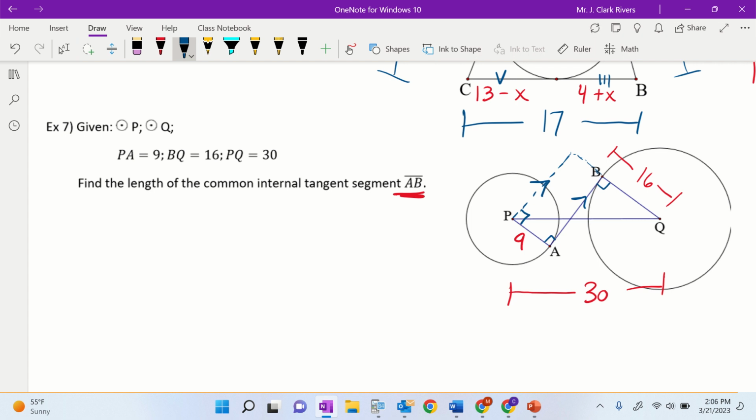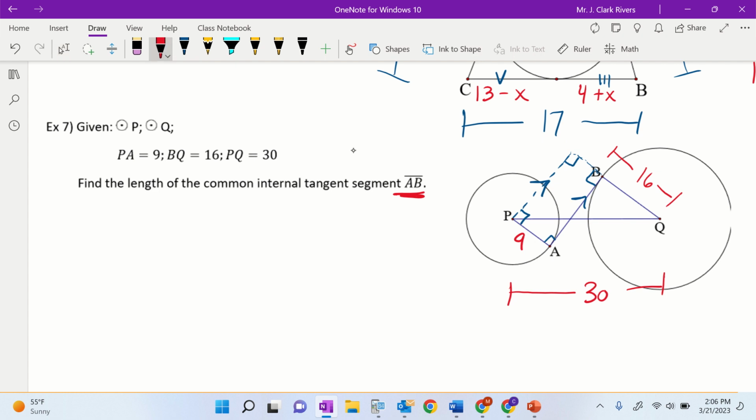We have a right angle, which means on the other side we also have a right angle because these two form a straight angle, which means this is also a right angle, because in a quadrilateral the four angles have to have a sum of 360, or you could say that these two right angles are same side interior angles. The bottom line is we end up with this rectangle here, A, P, and then B being another vertex. We could name it. I'm not going to, but we could.